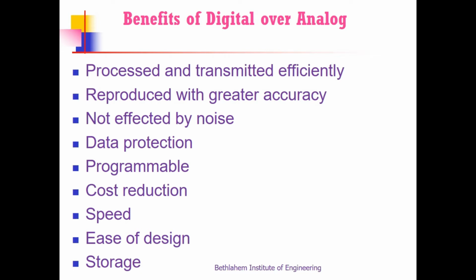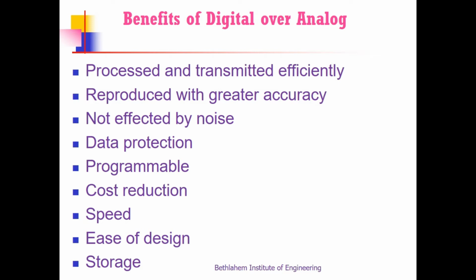They can be processed and transmitted efficiently, and digital signals can be reproduced with greater accuracy, and they are less affected by noise. Data protection is done in digital signals, and they are programmable, the cost is less compared to analog signals, and the speed of digital signals is high compared to analog signals.